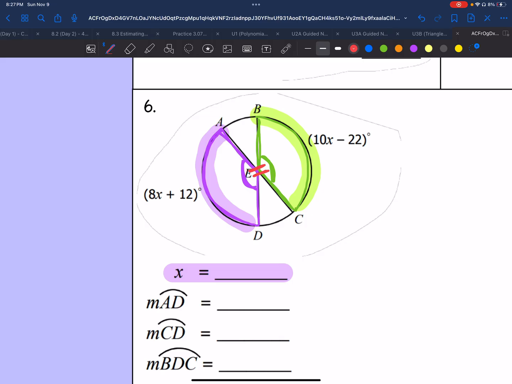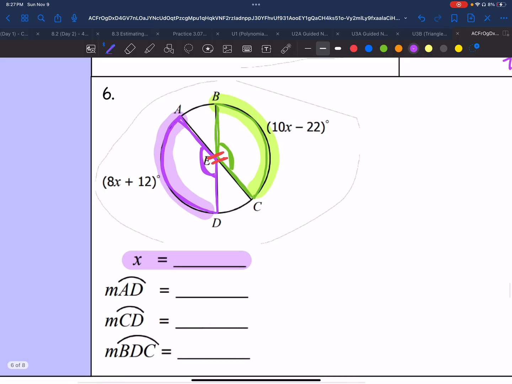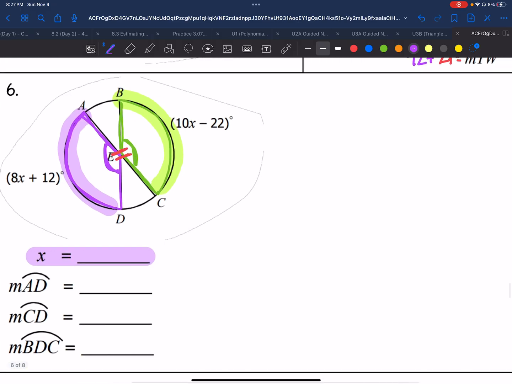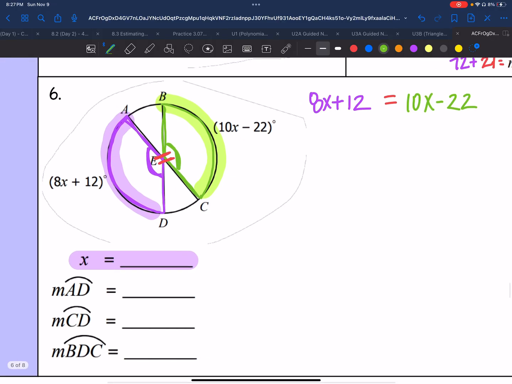So if these angles are equal, guess what? So are our arcs. So that means that 8x plus 12 equals 10x minus 22. So again, just to reiterate, when we first look at the problem, we are given that x is in this expression here, which is describing this arc, and it's in this expression here, which is describing this arc here.